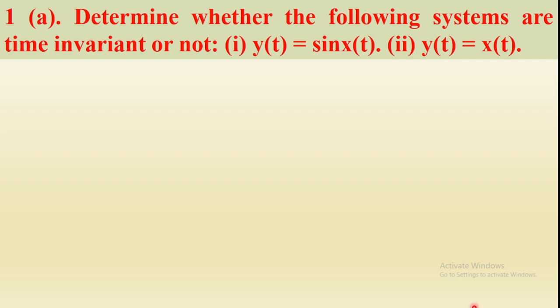First bit explanation: given the system y of t is sin of x of t, the condition for a time invariant system is y of t comma capital T is equal to y of t minus capital T. If that condition is satisfied, the given system is time invariant, otherwise it is time variant.